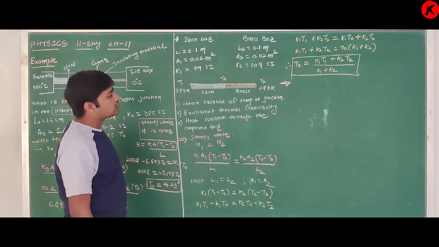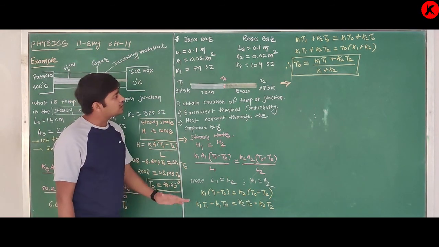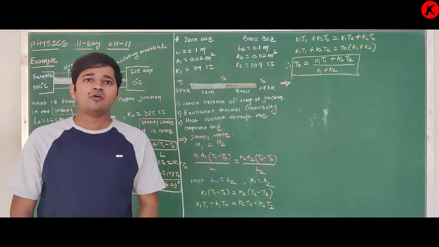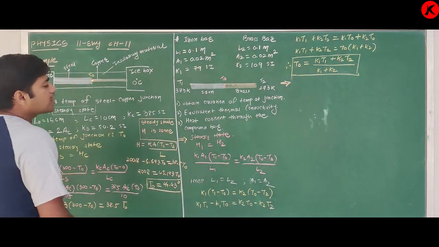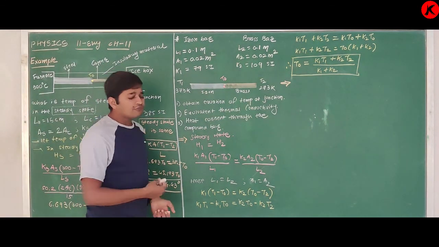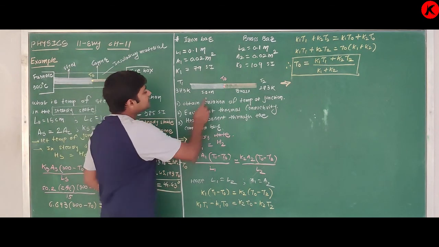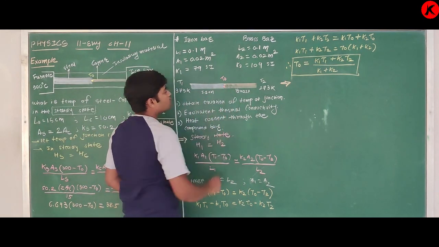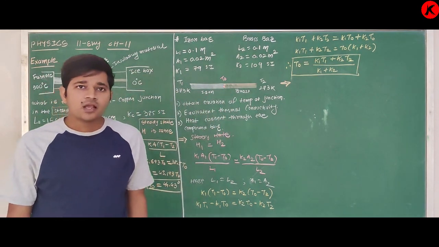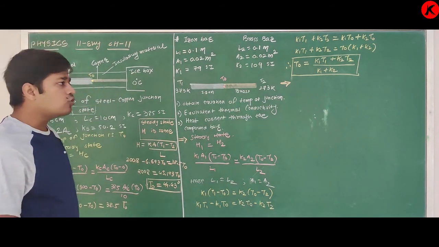The lengths are the same and the cross sectional areas are also the same, but the thermal conductivities are different. So we have to find the equivalent thermal conductivity. For that, I can see a series connection of two bars.